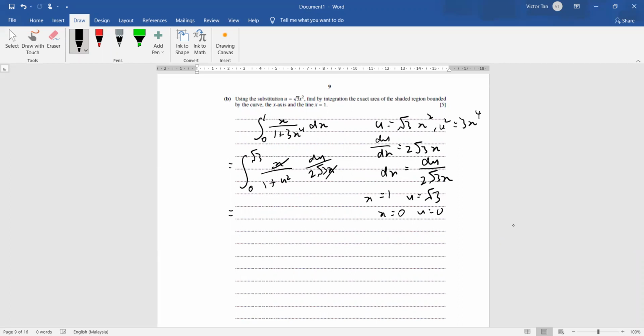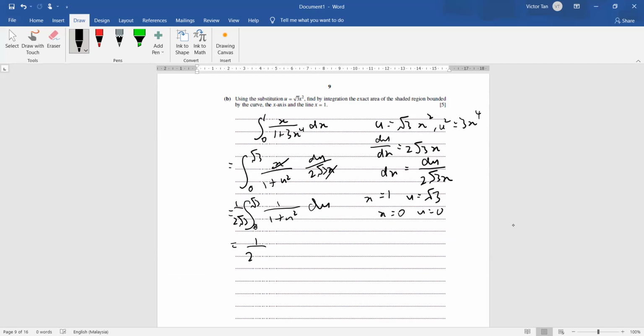So this is equal to 1 over 2 root 3 times the integral of 1 over 1 plus u squared du. So using your MF19, the integration of 1 over 1 plus u squared is arctangent u.